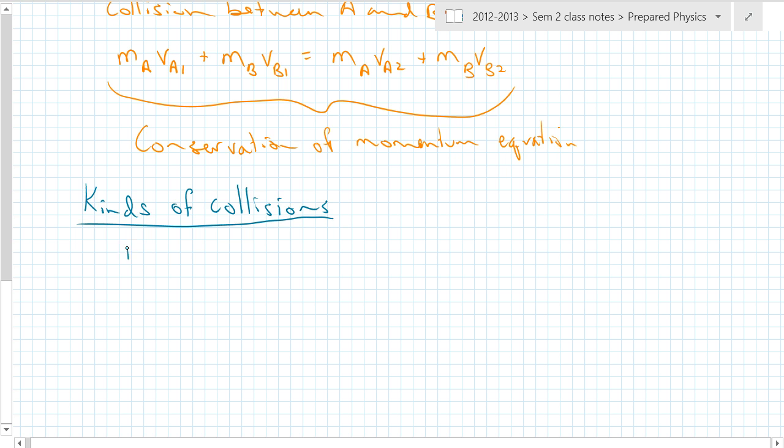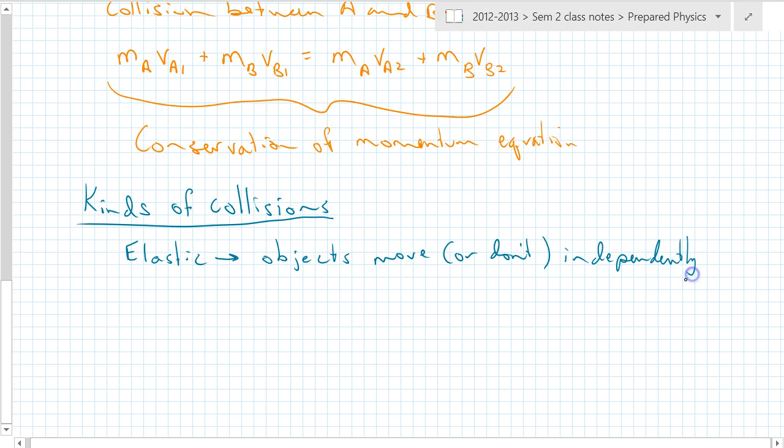There's an elastic collision, where the objects move or don't move independently after the collision. You have to spell that right.